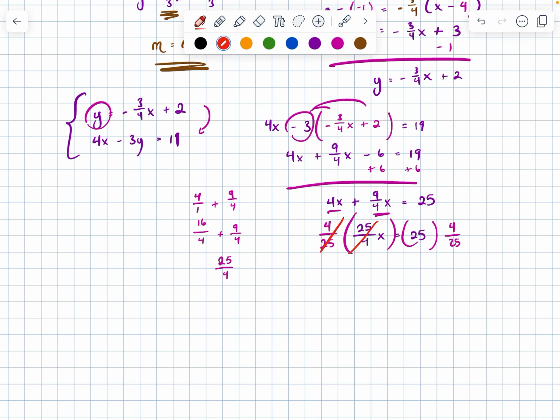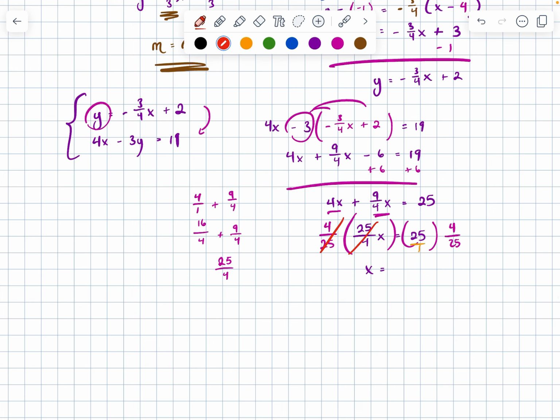On the left side, multiplying by the reciprocal will just give me 1x. And then on the right side, 25, I can imagine this if I want to as 25 over 1 times 4 over 25. Notice 25 in the top, 25 in the bottom. These guys can cancel out. I'm left with 1 over 1 times 4 over 1. x is equal to 4.